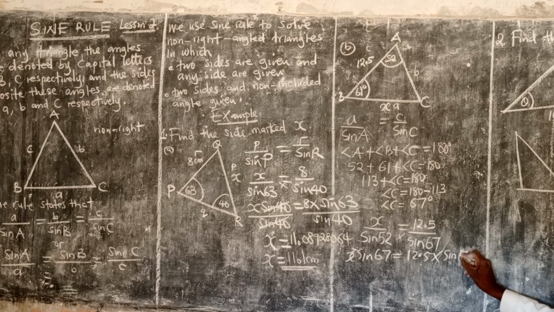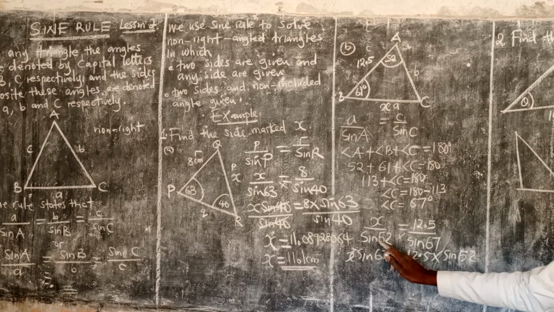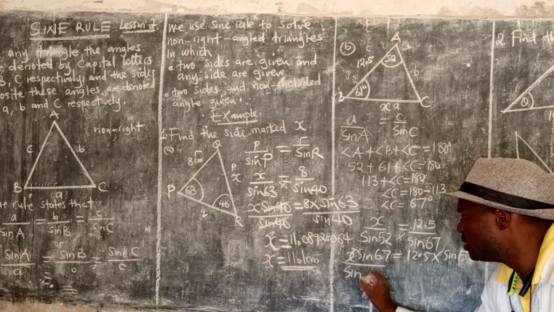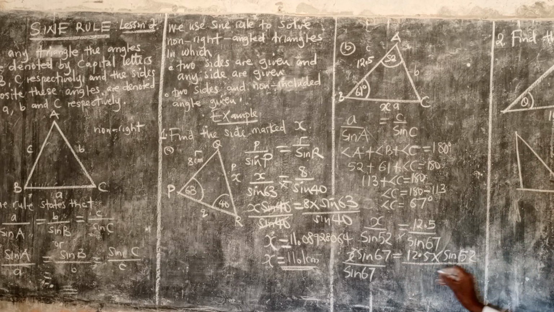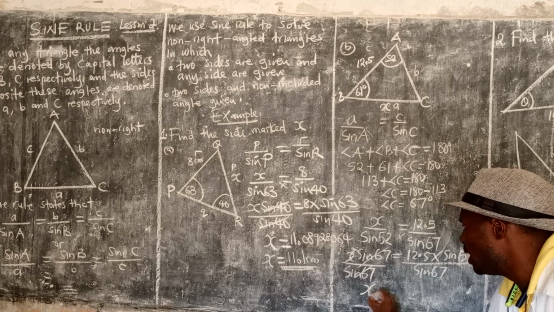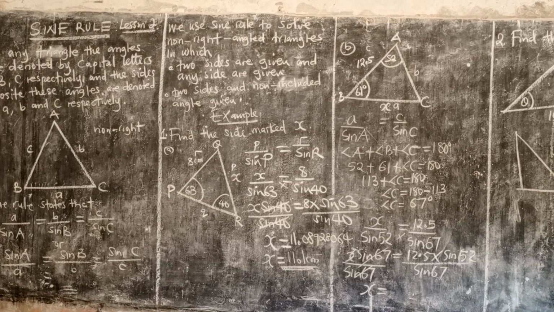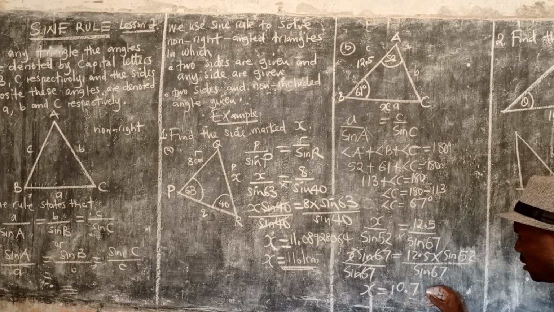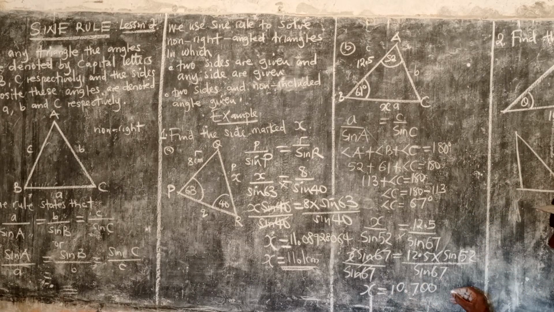52. This and this side, then this and this. Then we divide both sides by sine 67, so that this and this cancel out. x is equal to what? 10.79.